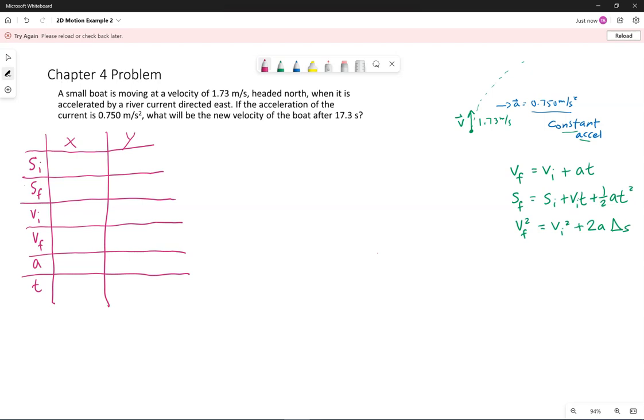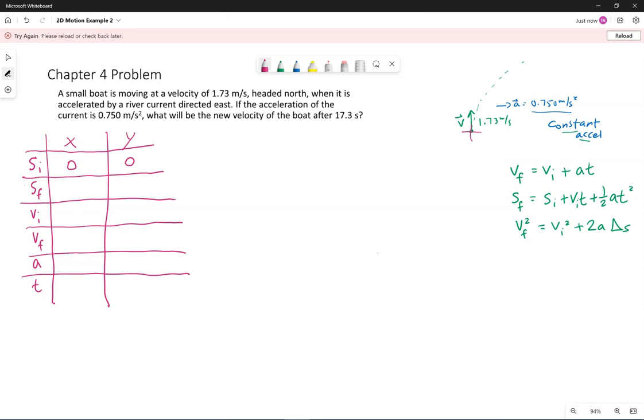So similar to linear motion, when the acceleration was constant, we need to choose an origin, and it makes sense to put the origin right where the boat was initially. That means I am defining the initial position as 0 for both x and y.